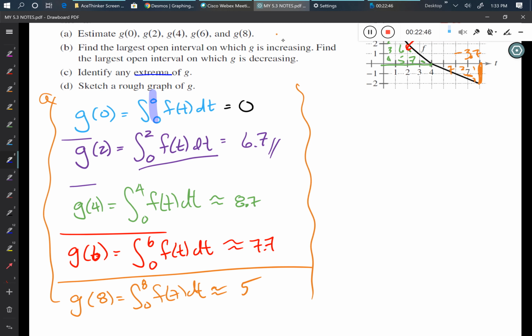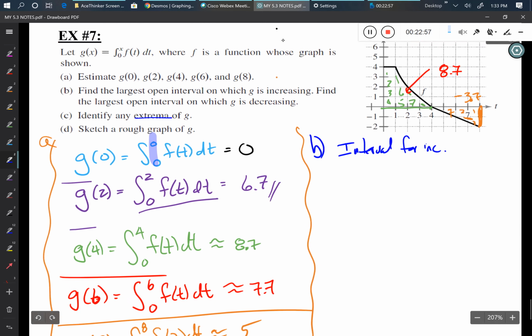All right, part B. The interval for increasing. So for what values of t does the function g get bigger? Well, we went from 0 to 2, it got bigger. Went from 0 to 4, it got bigger. From 0 to 6, though, it got smaller.